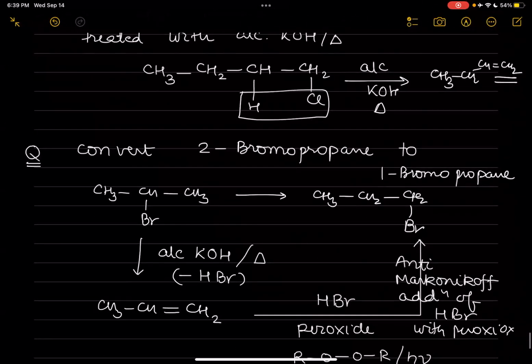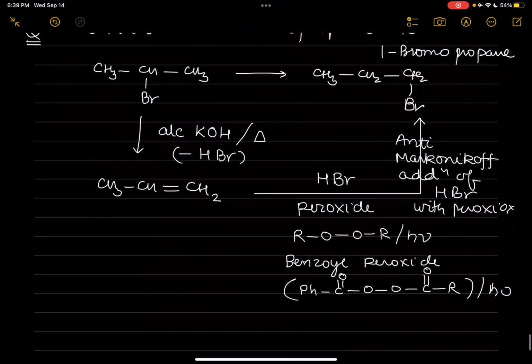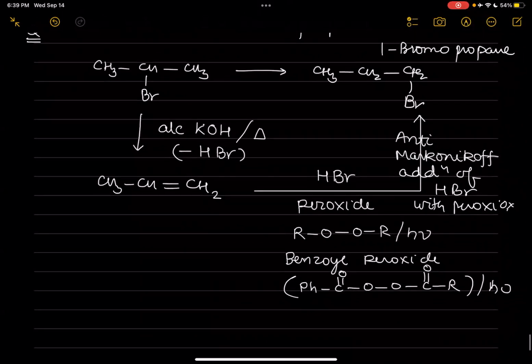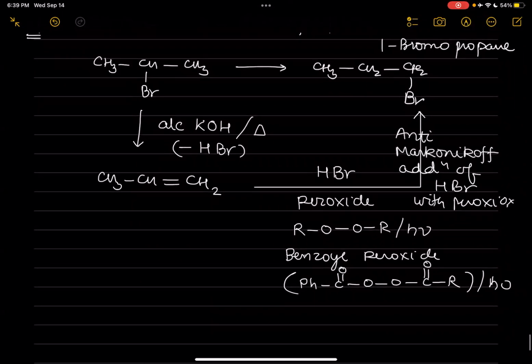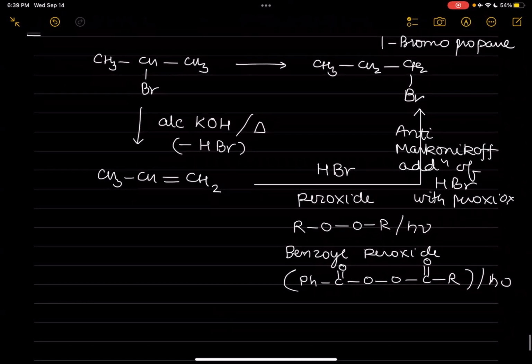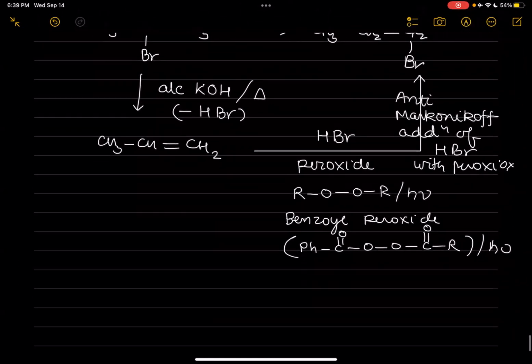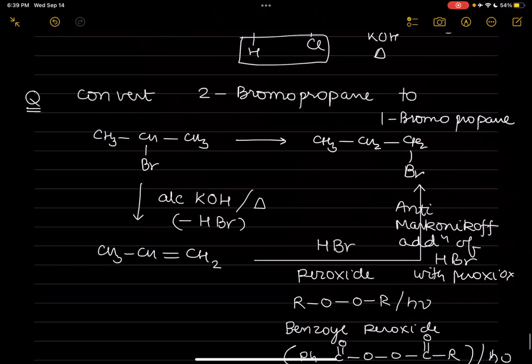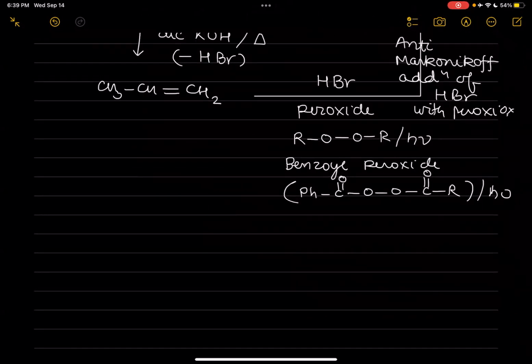Which alkene will be the major product? Which alkene is going to form in the major amount? Yeah, for example, let's do it and then move to the new topic.